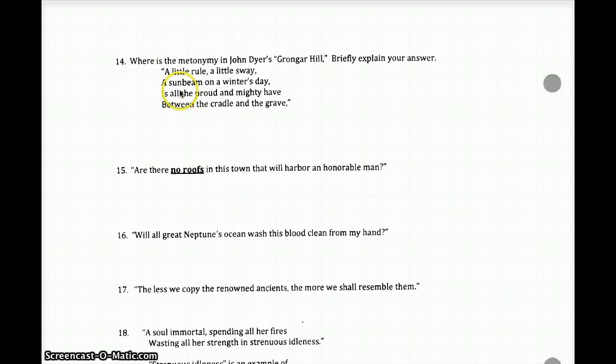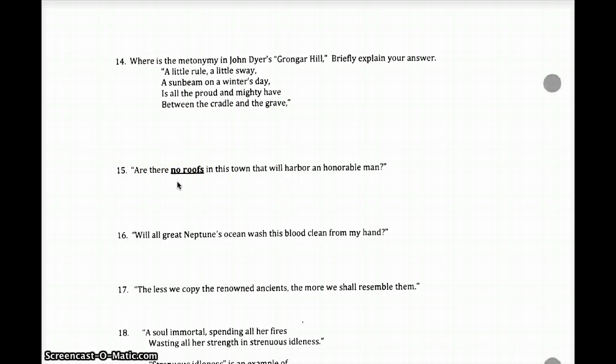But not just sunbeam as a piece of the sun, right? Because a sunbeam is a thing, a full thing in and of itself. And so that is not by itself metonymy or even synecdoche. You could call it metonymy if you wanted to argue that a sunbeam is happiness, but I don't think that was the case for those of you who chose sunbeam here. And the better answer is the cradle and the grave.